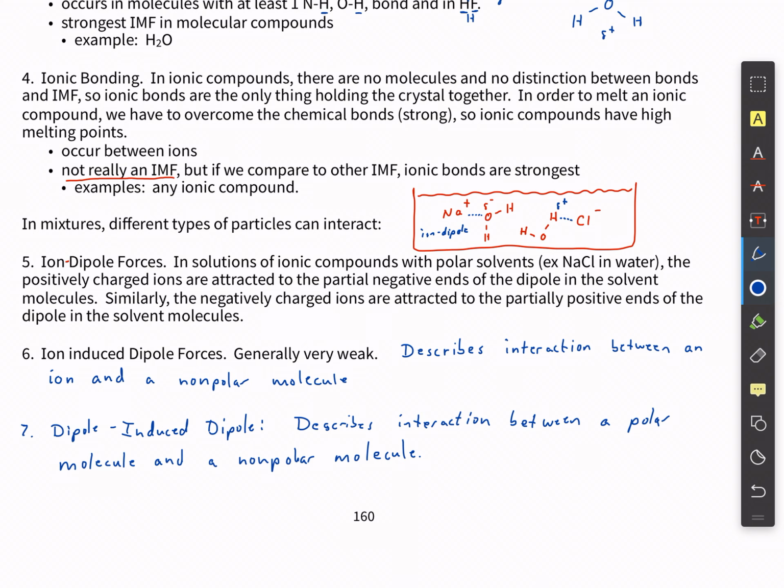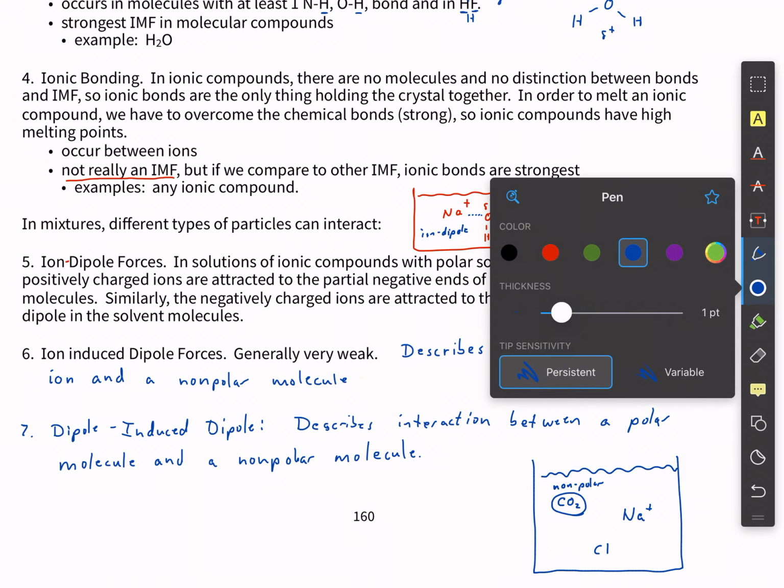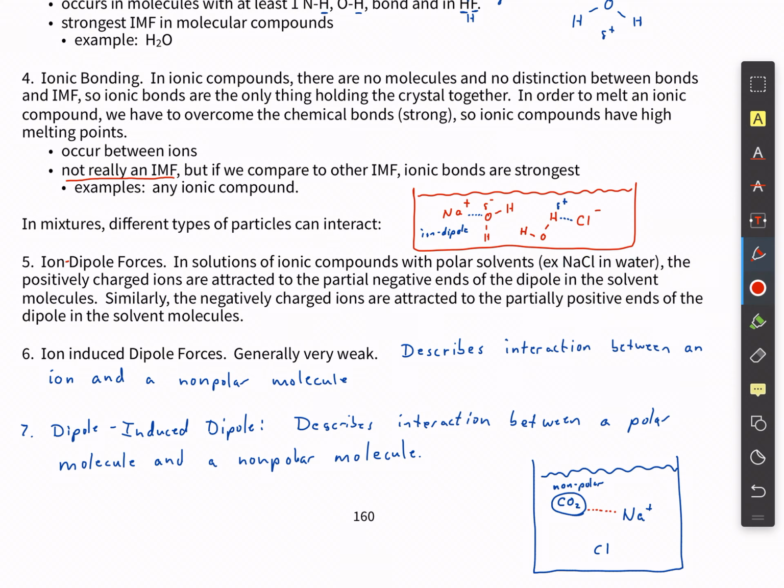So for example, if you had a soda, or a pop, whatever you want to call it, a carbonated drink that also had salt in it, the CO2 is a nonpolar molecule, and then you have your salt in it as well. If the sodium ion and the CO2 molecule were to come into interaction, this would be an ion-induced dipole force.